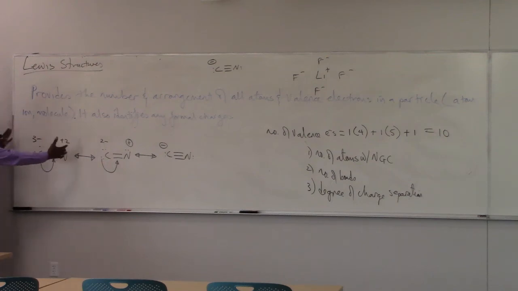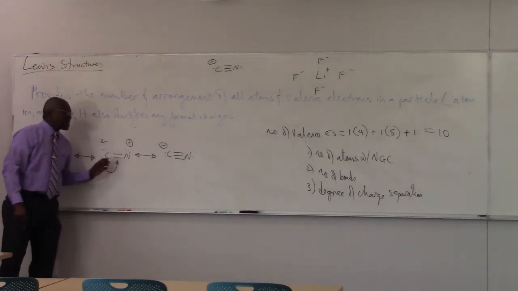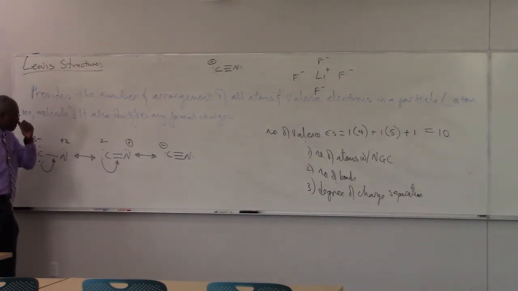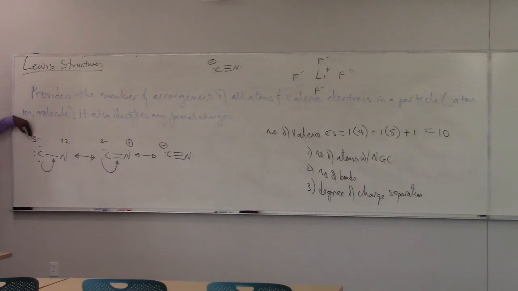Once we've got a Lewis structure to start, we want to look for how electrons are going to flow. Electron rich, electron poor. Let's examine this analysis in one other way. So I know that there is a 2 plus charge in this end and a 3 minus charge in this carbon.